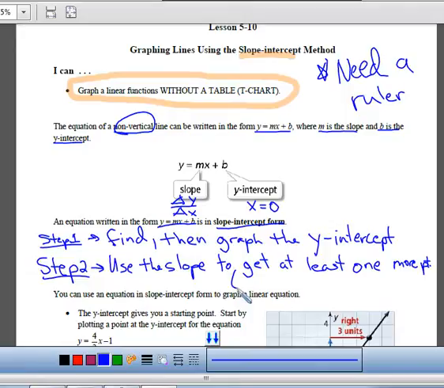Now, it will be better to get 3 or more points. The more points you have, the better chance you have of making this line nice and straight.